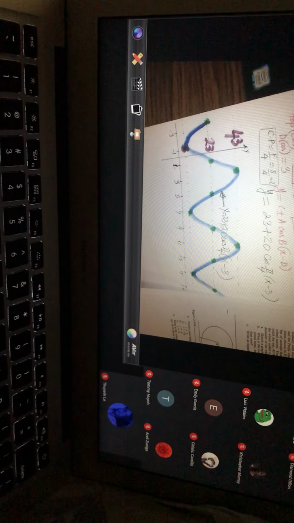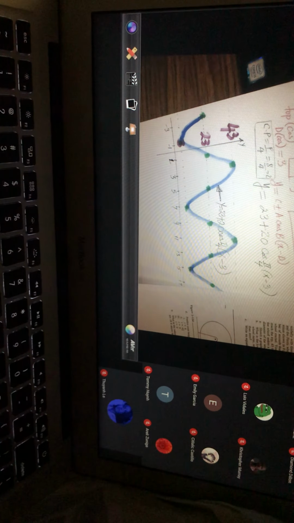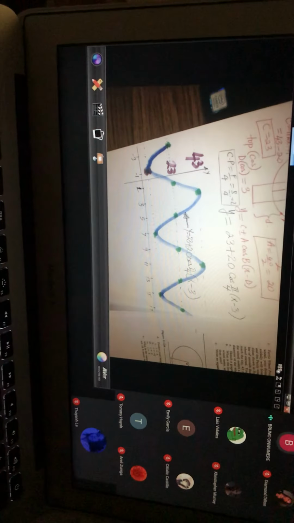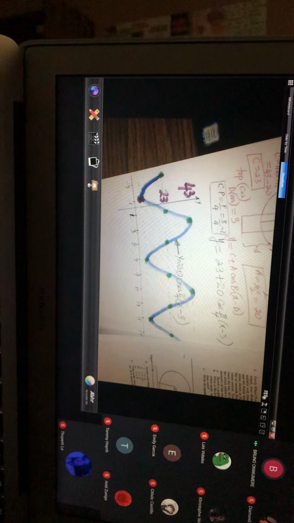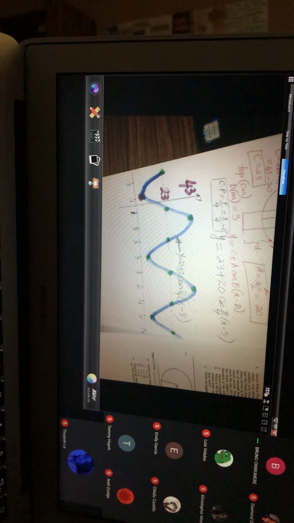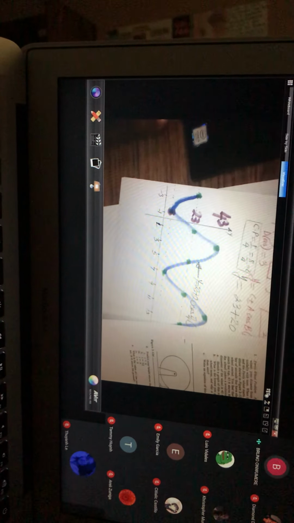How do you predict your height above the ground when t is equal to 6? Okay, I need everybody to pay attention. I'm going to show you how you can use your calculator to answer this type of question now. Are you ready? Because you got to use your calculator. I'm going to see if I can get a calculator on the screen for you.